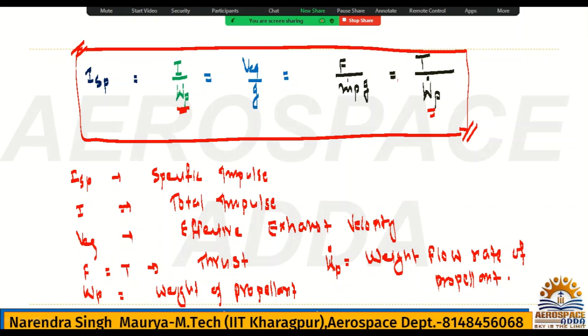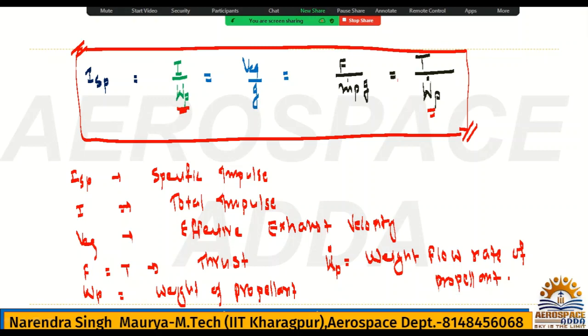A very frequent question they have asked many times, in the past and nowadays also, is the ISP value. They will ask for a solid rocket what is the range of ISP, or they will give different engines and ask what is the ISP for this engine.